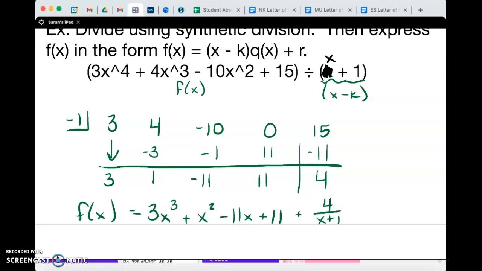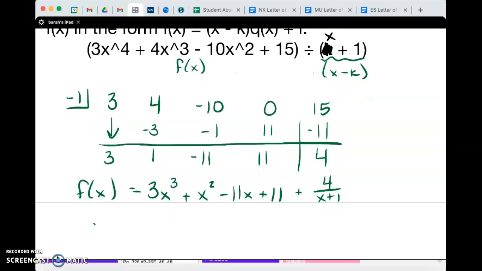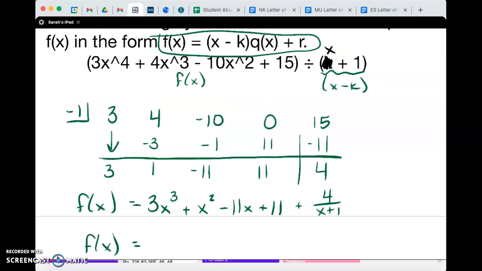Okay, so I want to express this as a product plus my remainder. So this is what I would get out. But if I want to write it like they want us to, I have my x minus k, which was the x plus 1 piece. I have my quotient, which is this part that I just got out.